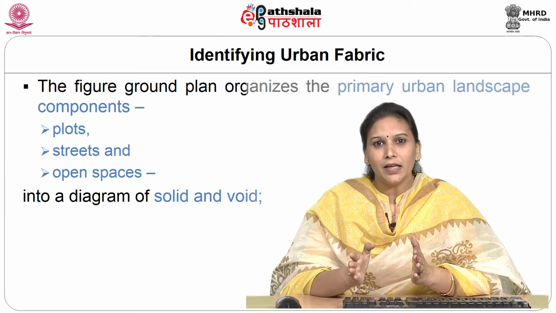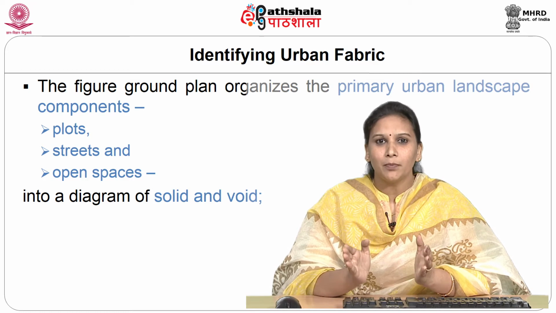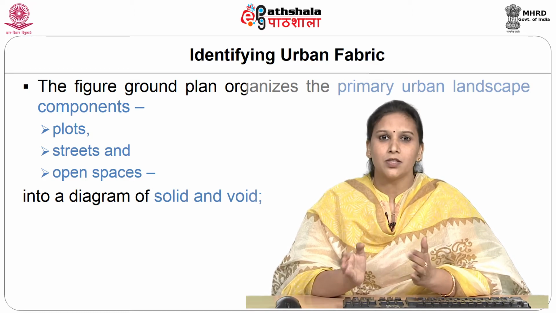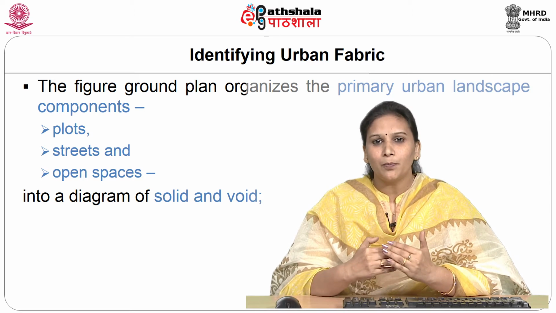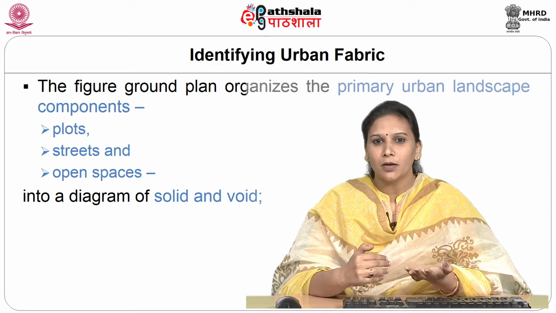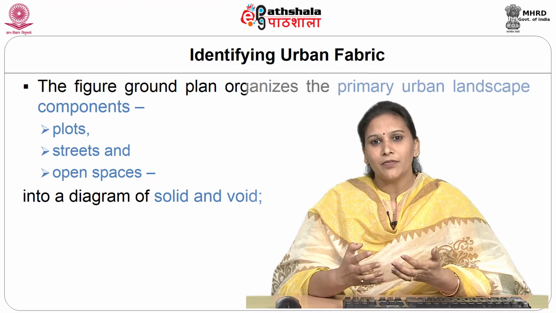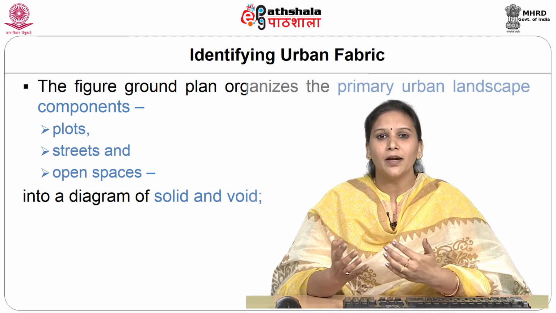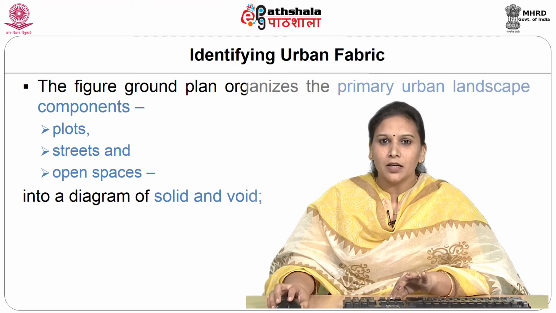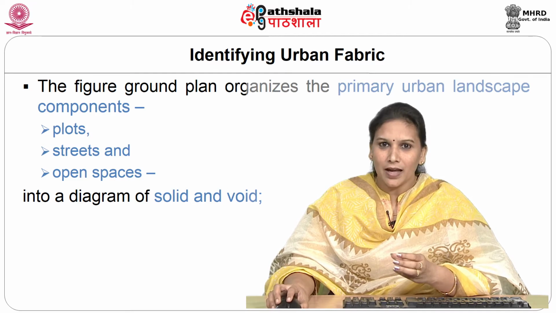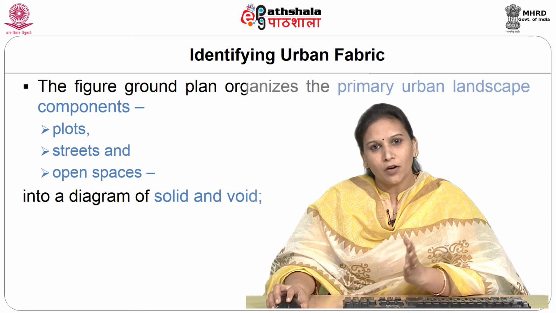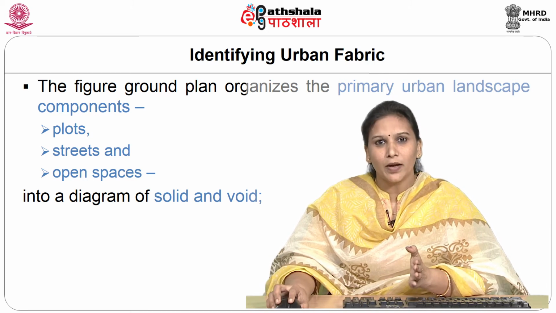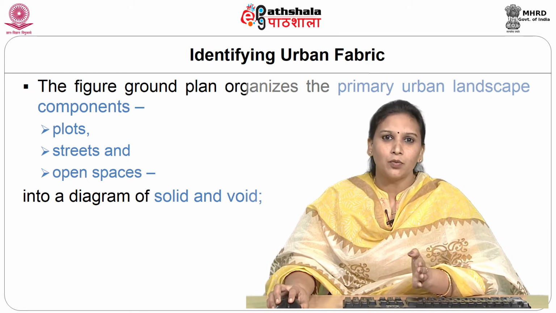So, a city or a town is mainly composed and organized of streets, open spaces and plots. This makes up an urban fabric, which is also referred to as solid and void. As you have seen earlier, the solid is nothing but the black objects and the void is nothing but the open spaces. So, the figure ground map is also referred to as a black and white map, and also as solid and void.